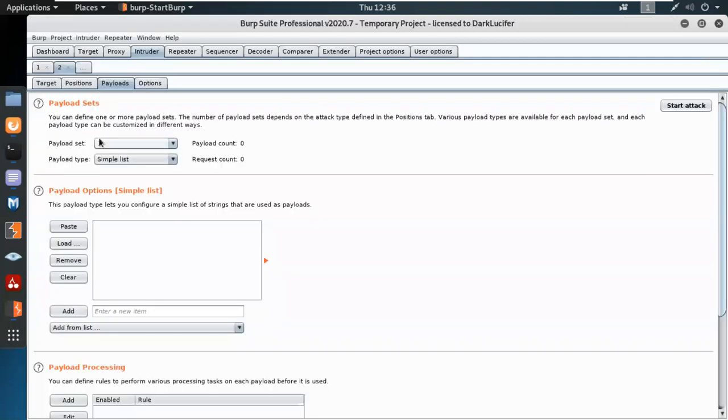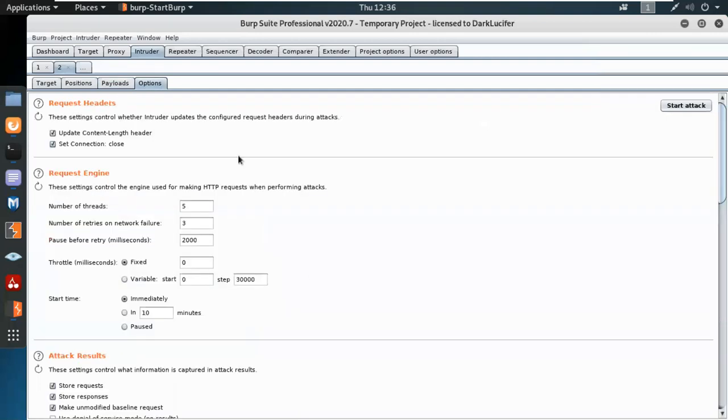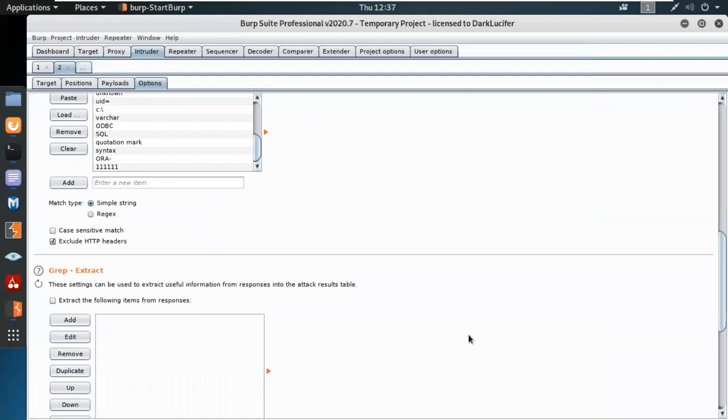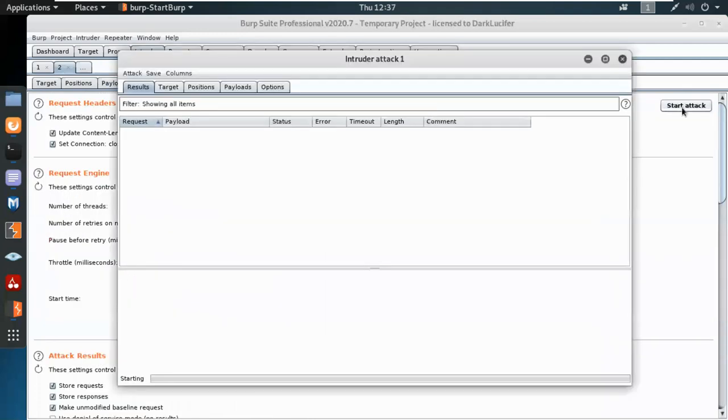Yes, so we have only 1 position, and we're going to use the username dictionary on this first payload. So let's try with this one. In the options tab, you have to select the type of attack. The number of threads will be 5 and the retry is 3. Yeah, normal thing. Let's start.